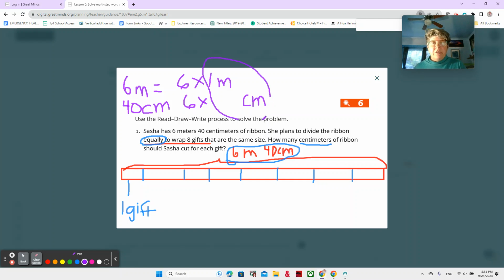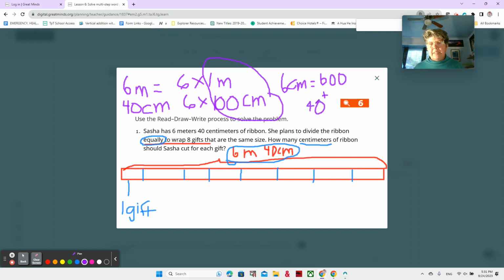So these two measurements are going to be equal, but they have different units, right? So 1 meter is the same as 100 centimeters. So 6 meters is equal to 600 centimeters. And then we have those 40 centimeters that we put on the side that we can add on.